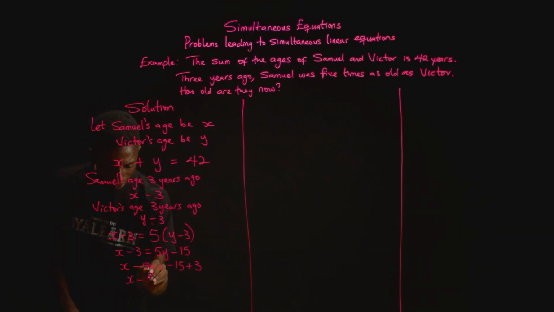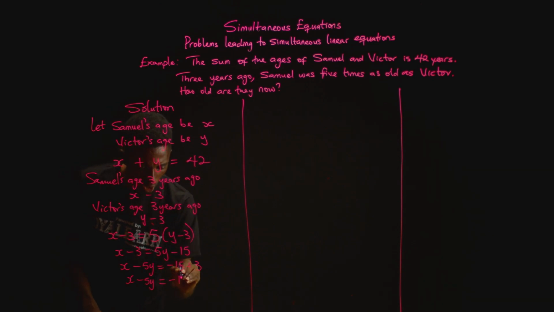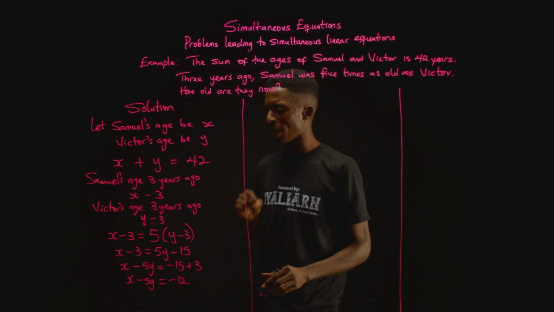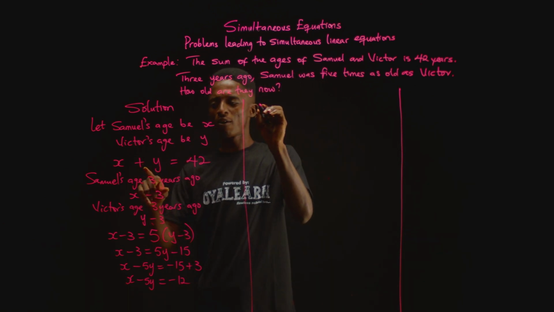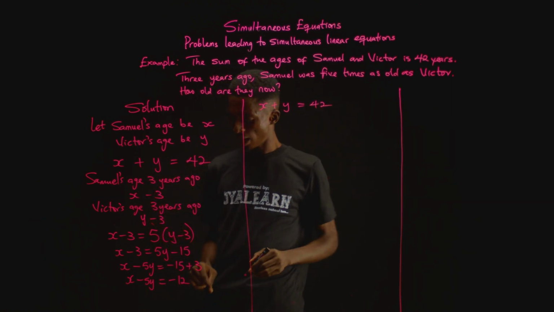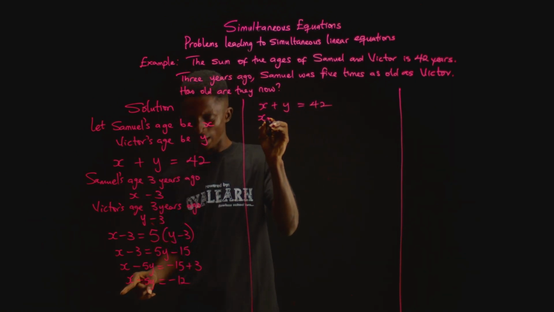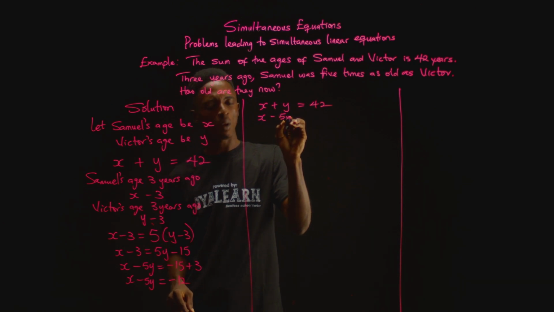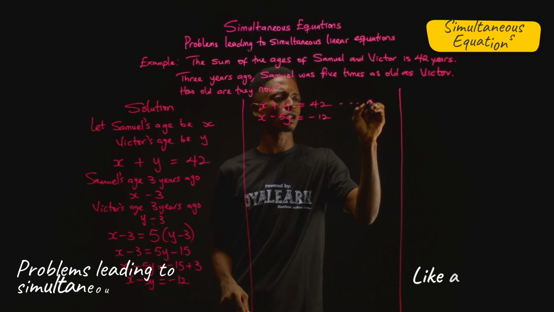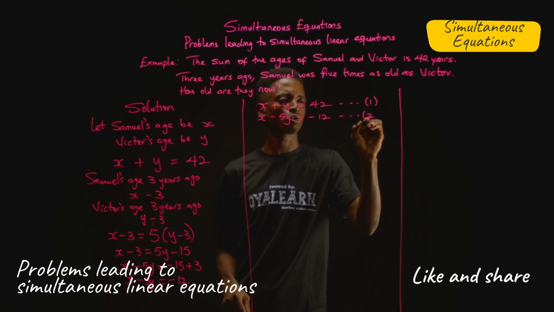So X minus 5Y equals minus 12. Now let's put these two equations we have gotten side by side. So first we have X plus Y equals 42. And then we have X minus 5Y equals minus 12. So this is equation 1 and this is equation 2.